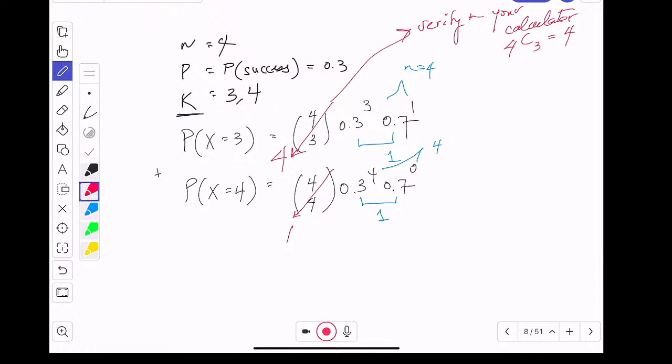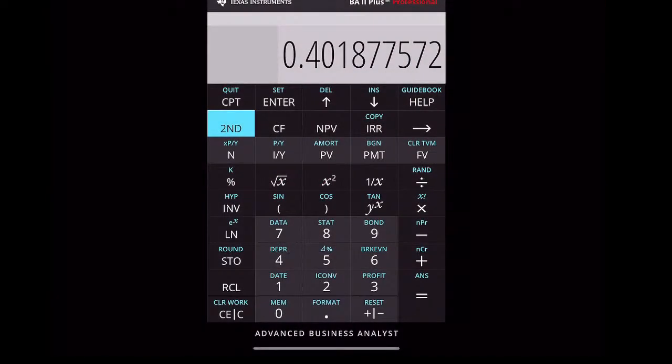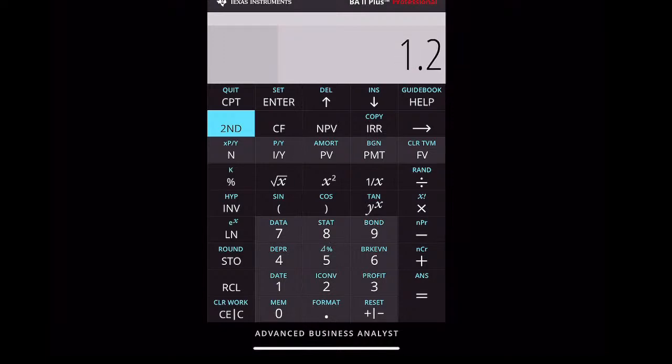So get these 2 things. This one is going to be 1, and multiply. So I'll multiply it with you. So 4 times 0.3 to the power 3 times 0.7. This calculator doesn't use order of operations, so you need to use the brackets.